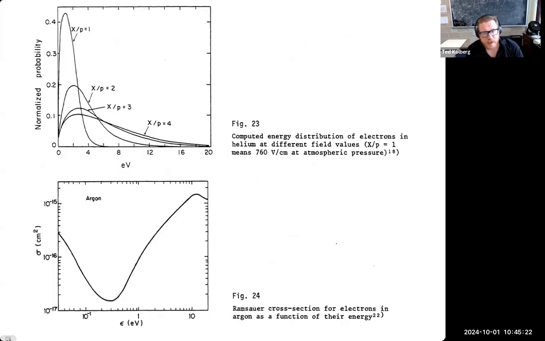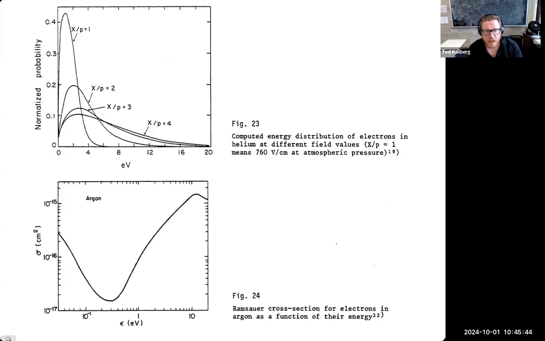For electrons, the situation is rather different and rather more complex. There are two main reasons for that. The first reason is that electrons are much lighter than the ions, of course. And so, unlike the ions, electrons actually accelerate a lot in between their collisions with individual gas molecules.